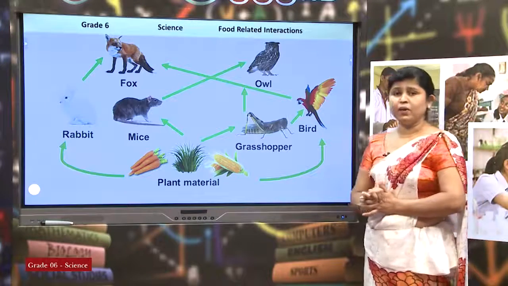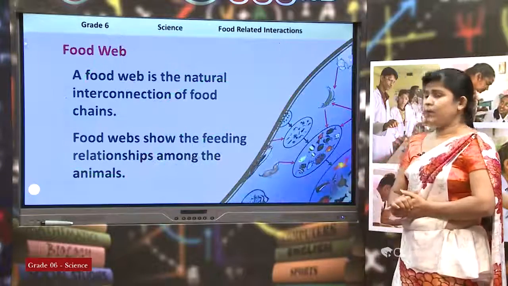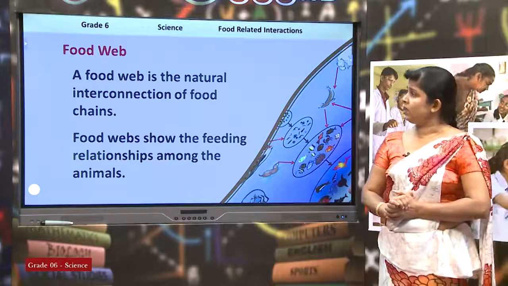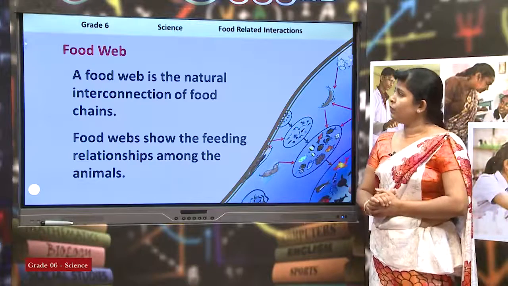One animal can depend on different types of food. We call such a relationship a food web. Here I have given you a simple description of a food web.